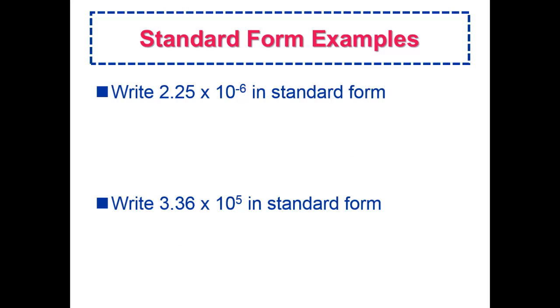Again, if you could think in terms of money, like positive and negative, that's good, that's bad. So here's what you do. They say write 2.25 times 10 to the negative 6 in standard form. What I do is I start out with the number, 2.25.